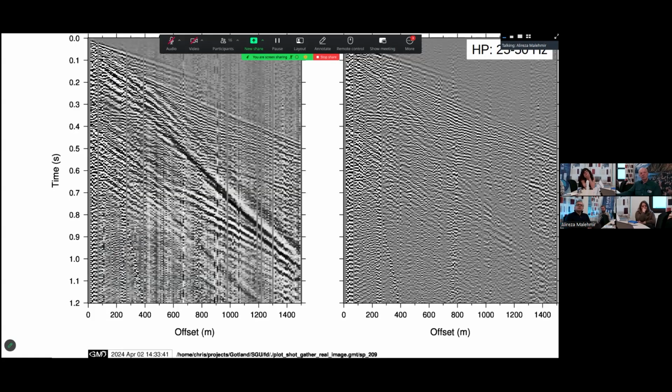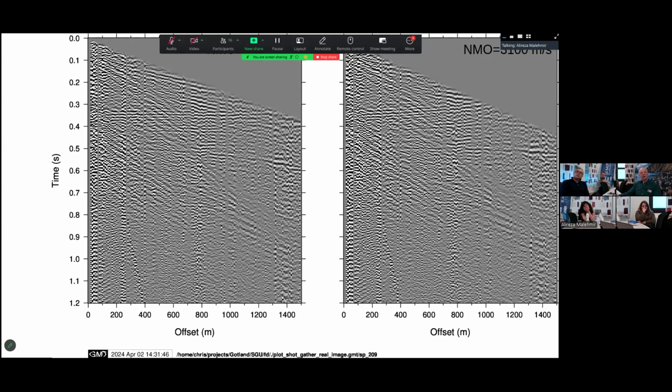It removes the surface waves to a certain extent. And here we have a P to S converted wave coming in. I'm going to use this as a comparison with what we can get from modeling.